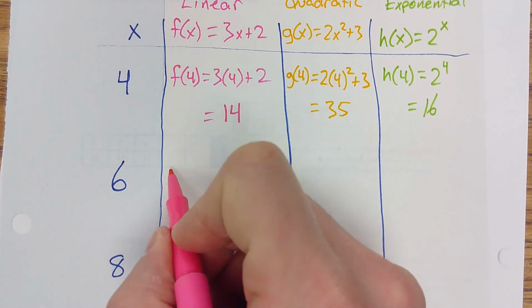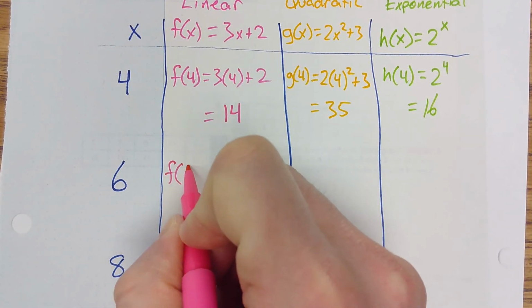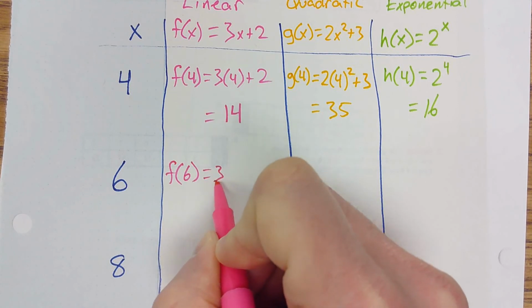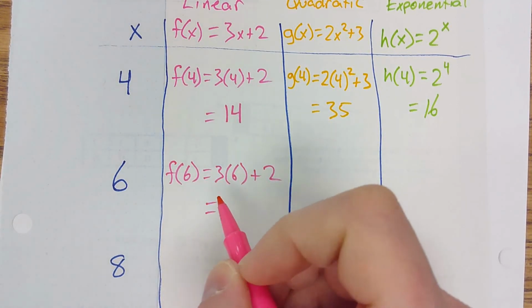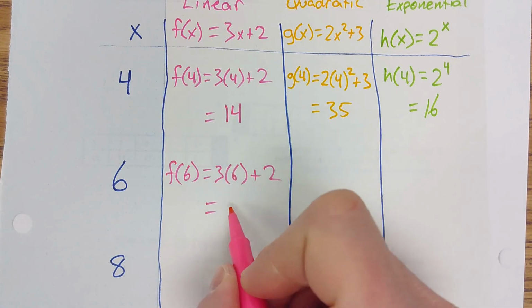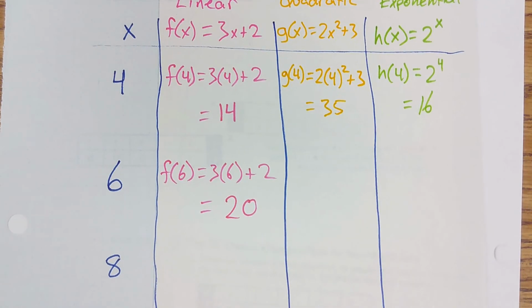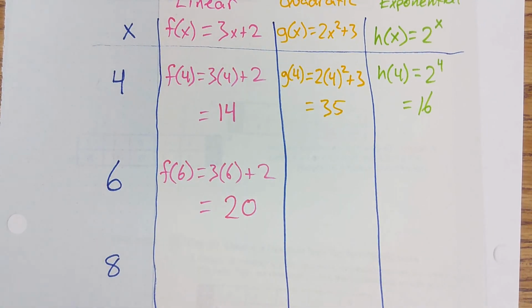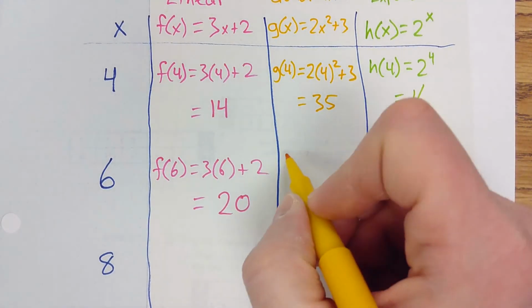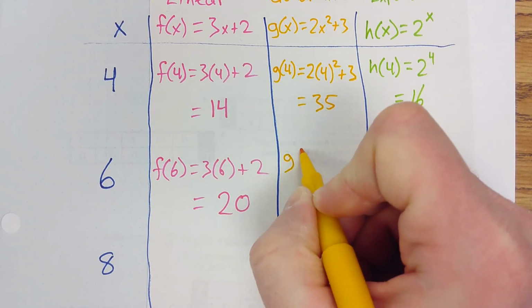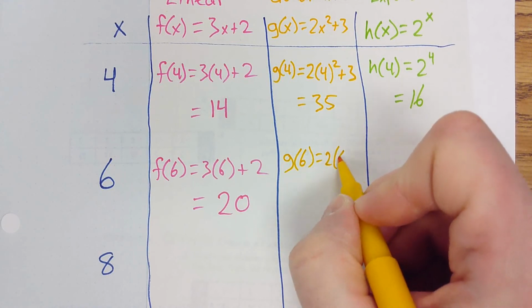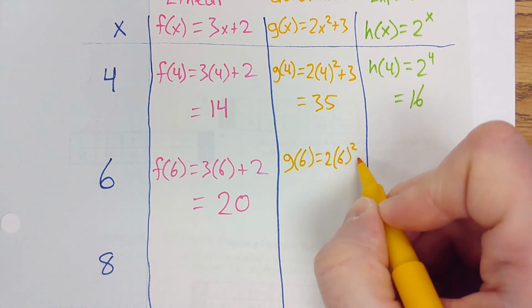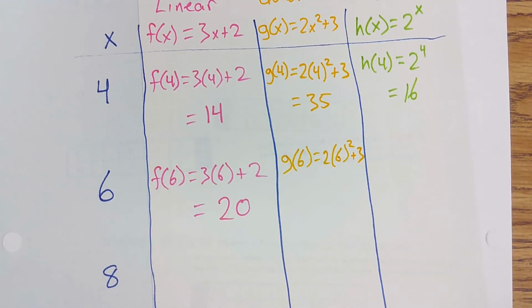Plug in a value of 6 for this. f of 6 equals 3 times 6 plus 2. And that should give us a y value, or f of 6 equals 20. Move over to the quadratic, and we see g of 6 equals 2 times 6 squared plus 3.